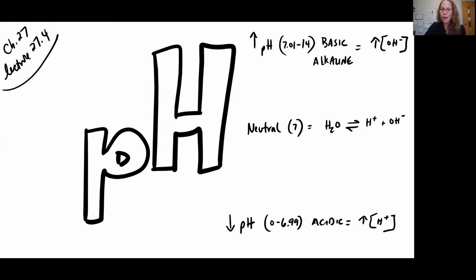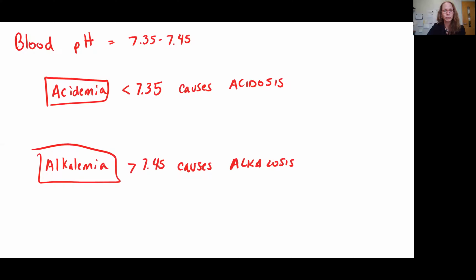So we can say a high pH value means that you're basic or alkaline, and in this case you have a higher concentration of hydroxide ion and a low amount of hydrogen ion. So as we're looking at the regulation of pH, we're really going to be tracing the movement of hydrogen ion. So a high pH has a small amount of hydrogen ion compared to a low pH.